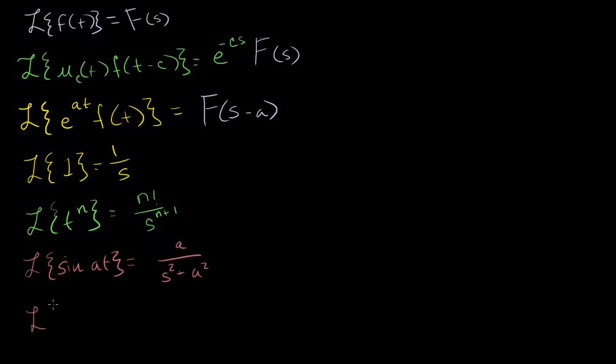And the Laplace transform of cosine of at is equal to s over s squared plus a squared. You'll be amazed by how far we can go with just what I've written here. In future videos, we're going to broaden our toolkit even further. But just these, you can already do a whole set of Laplace transforms and inverse Laplace transforms. So let's try to do a few.